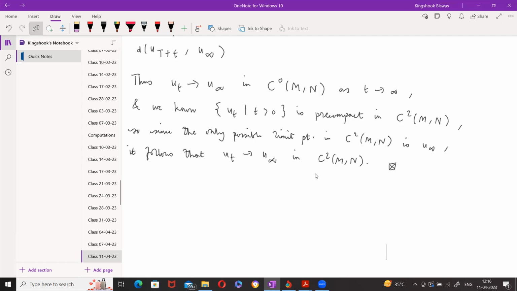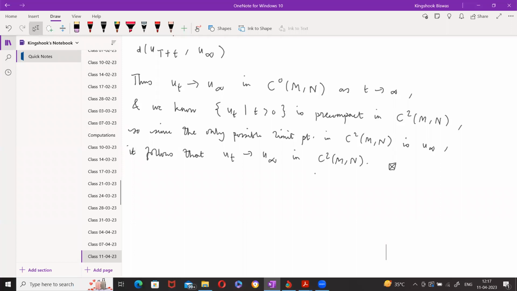And here any limit point has to be u infinity, because in C0, u_t converges to u infinity. So the only possible limit point is u infinity. Therefore, the whole family converges to u infinity in C2 of M. All right.